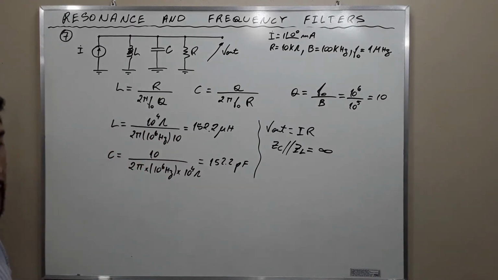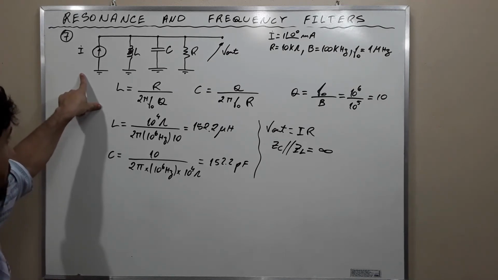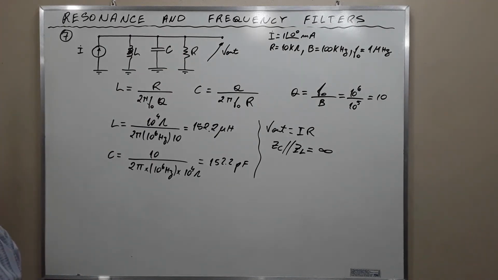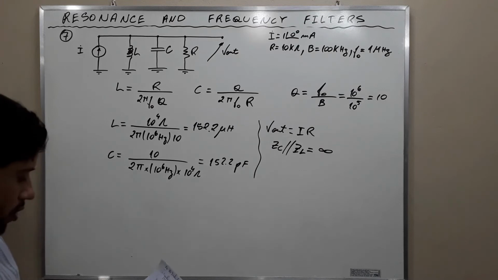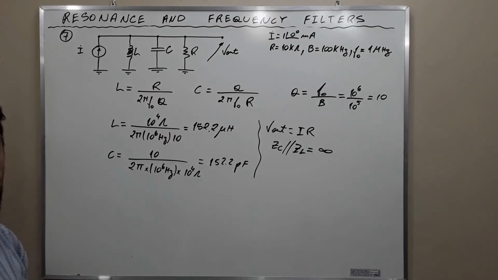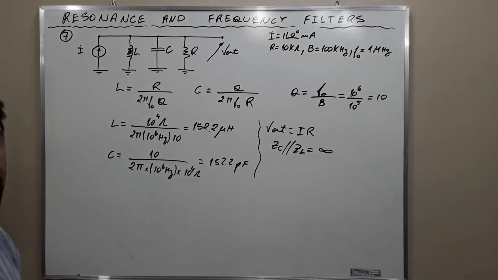They work as an open circuit together, and all the current of the source will pass through the resistor. But they are in resonance, okay? It doesn't mean that the currents here and here are zero. No, not at all. There will be current here and current here. They work as if they represent an open circuit, but in reality it is not the case.